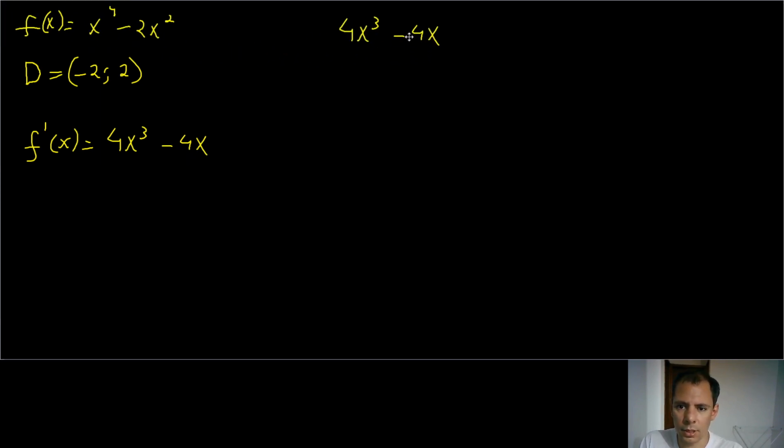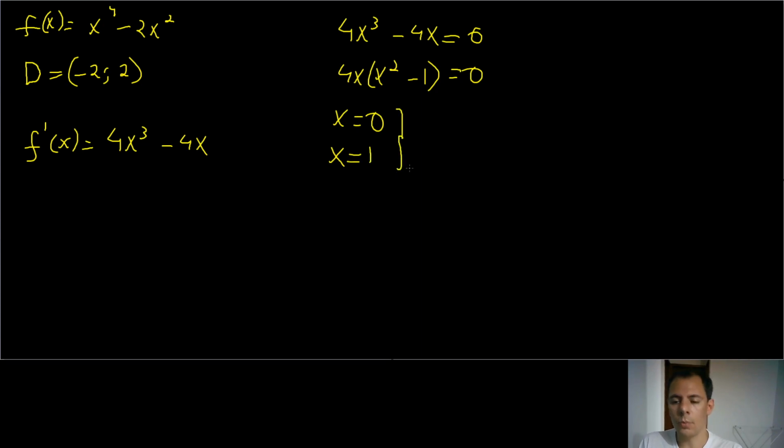Okay, I gotta make this equal 0. So you can factor out the 4x, and you have x squared minus 1 equals 0, which means x equals 0 or x equals plus or minus 1.